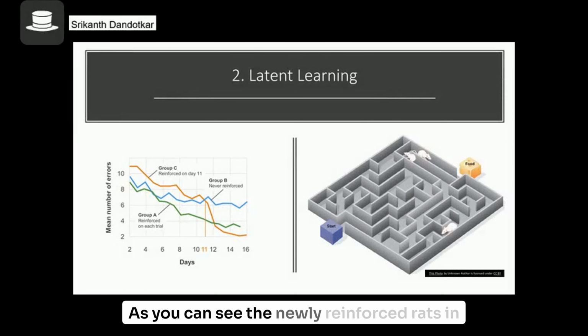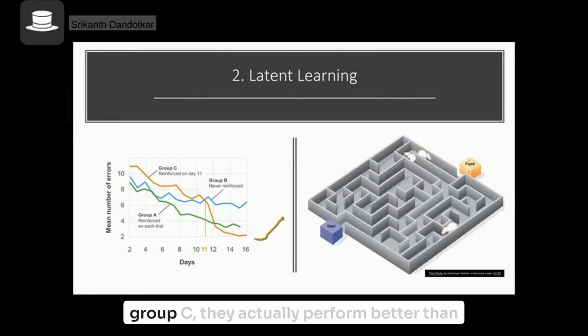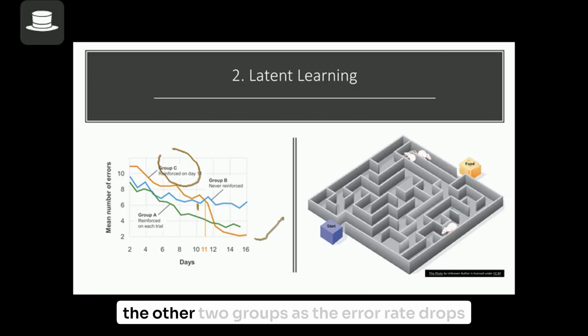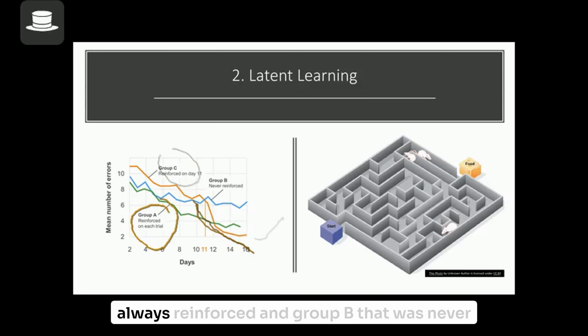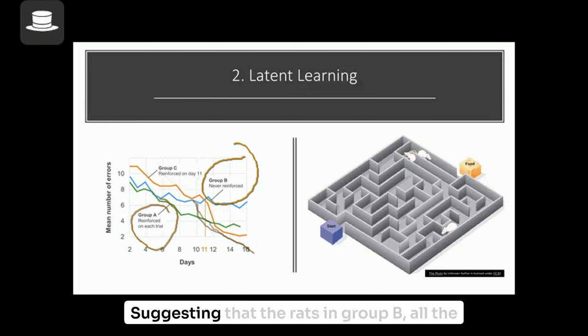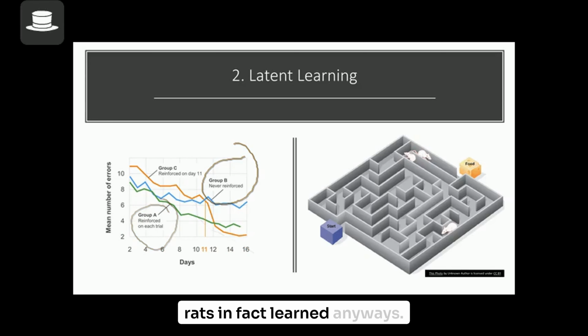As you can see, the newly reinforced rats in group C actually performed better than the other two groups, as the error rate drops for the orange one more than group A that was always reinforced and group B that was never reinforced, suggesting that the rats in group B, all the rats, in fact, learned anyway.